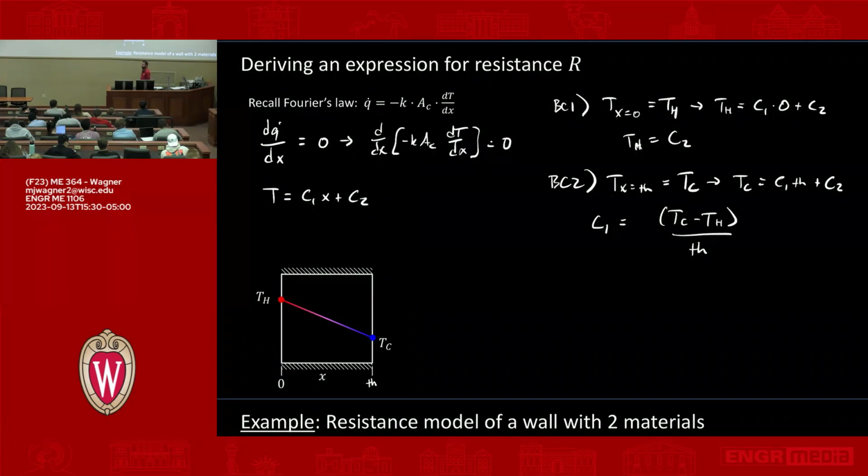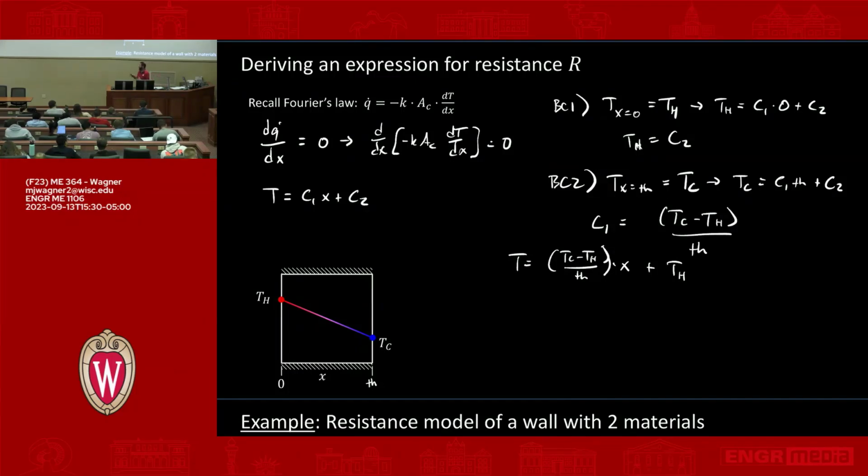It's just algebra. So we have our general expression, and then C1 and C2. We can write out the full expression: temperature is equal to (T_C minus T_H) over thickness times x plus T_H. That's our solution for this problem.